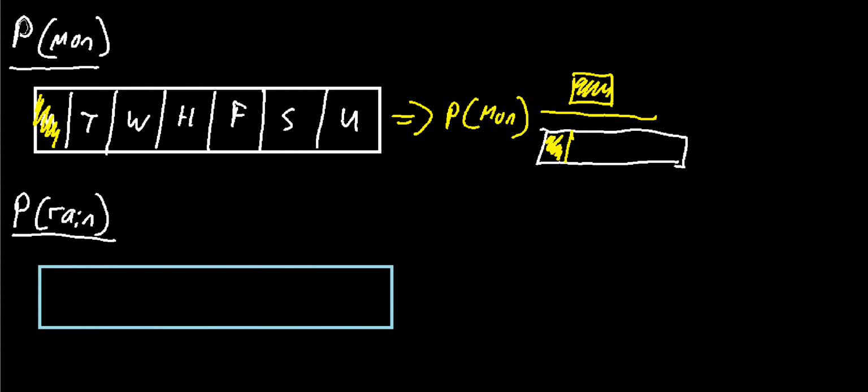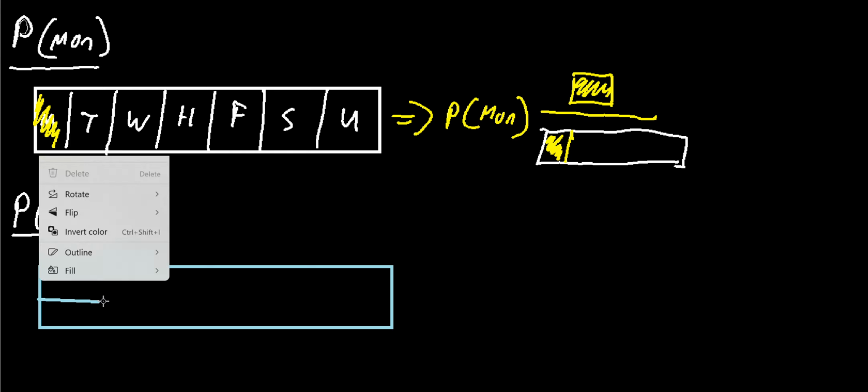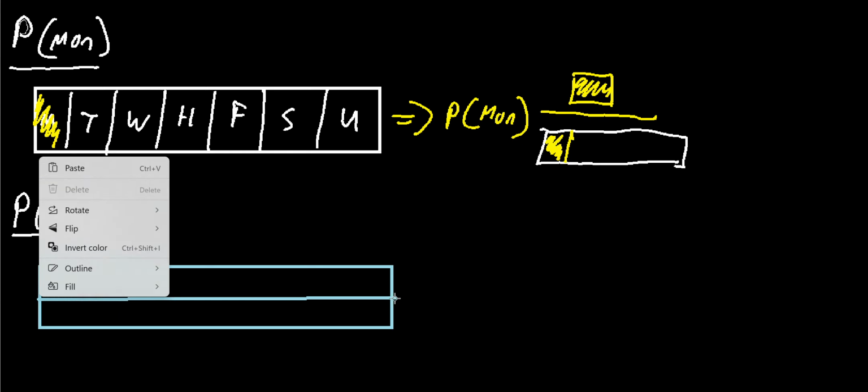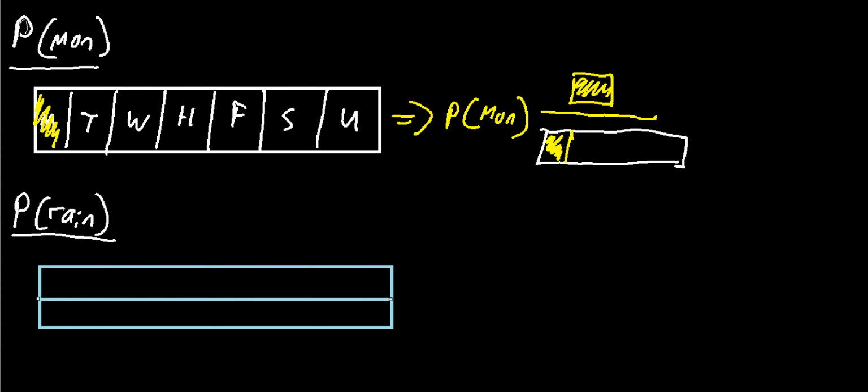It's either raining or it's not raining. So I'm going to divide this box in two. The top section is going to be the possibility of raining, and the bottom is going to be no rain.